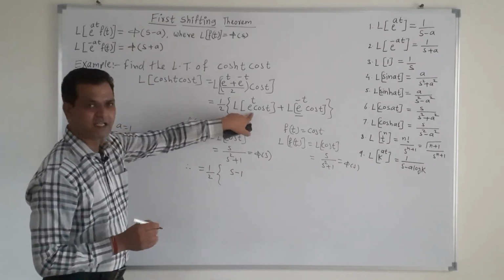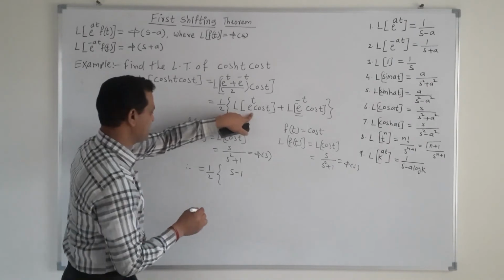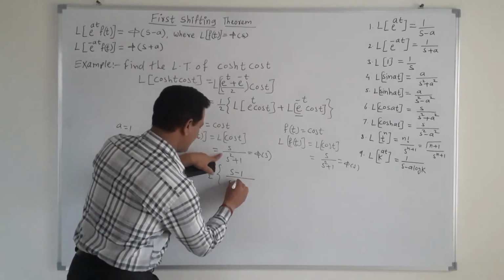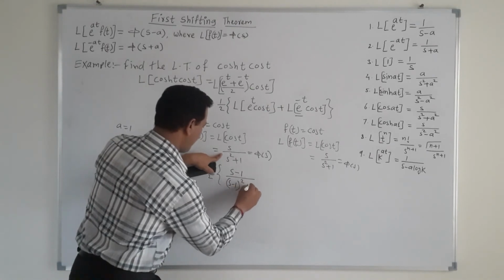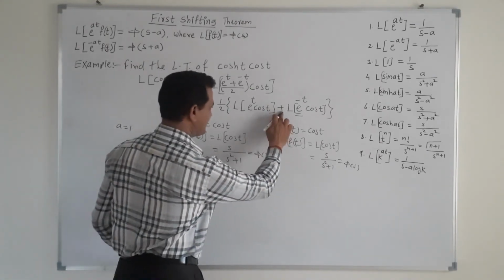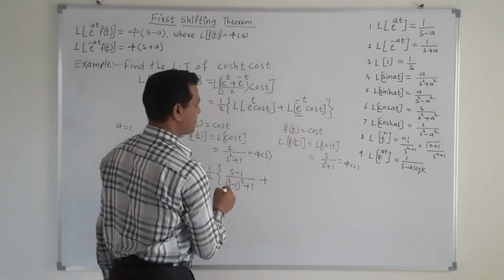According to this, we can write s minus 1, so from this we get s minus 1 its square plus 1. According to the shifting theorem, the middle sign is plus, so we write plus.